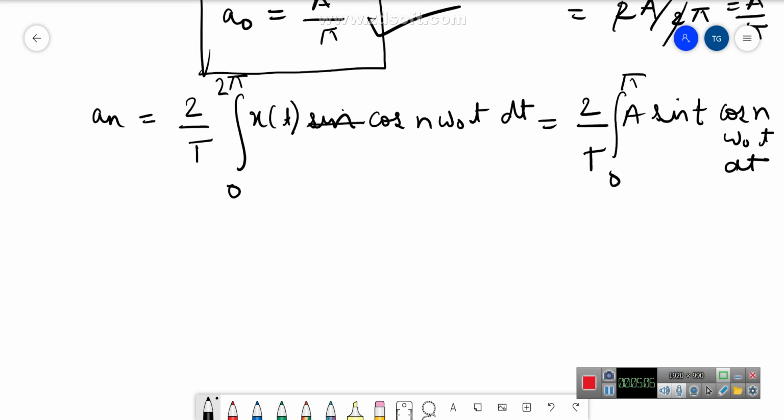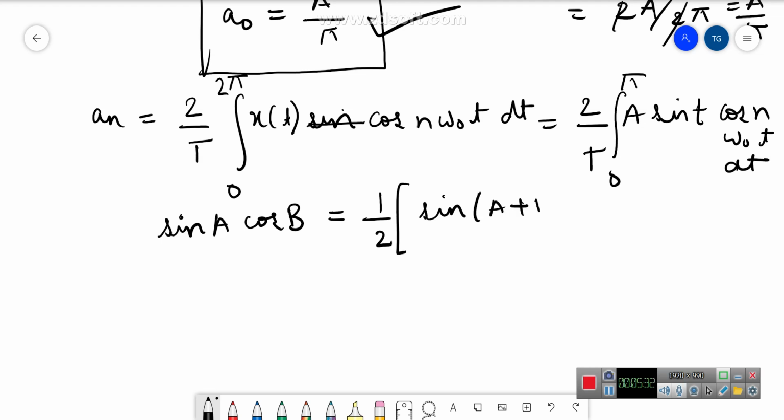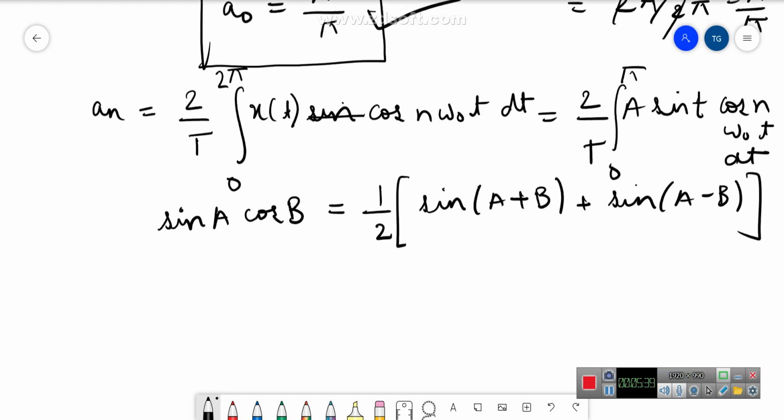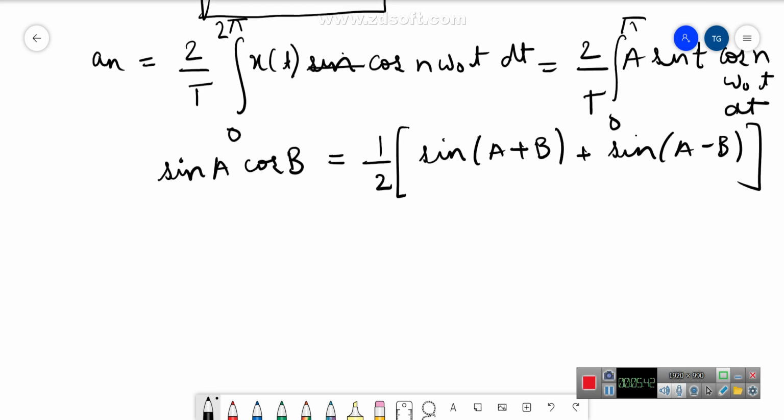So what is the value of sine A cos B? It is equal to 1 by 2 of sine A plus B plus sine A minus B. From trigonometric identities, we know this relation.